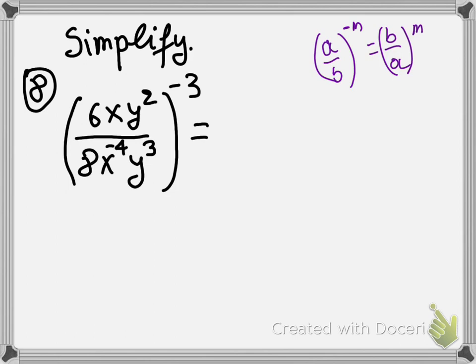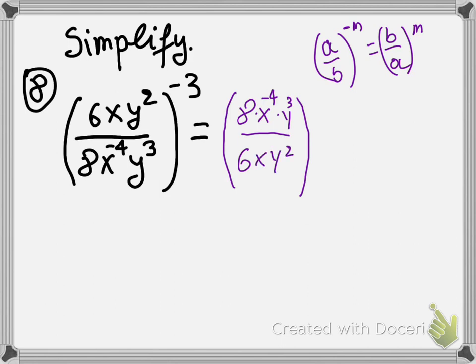That's the property I'm going to use. So we flip the fraction: 8 times x to the negative fourth times y to the third over 6 times x times y squared, to the third power. Notice that I changed the negative 3 to positive 3 and I flipped the fraction.